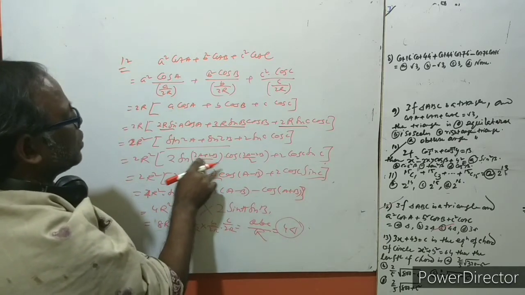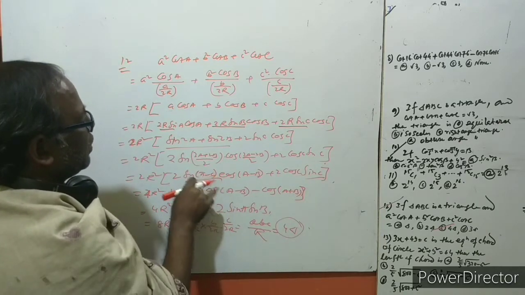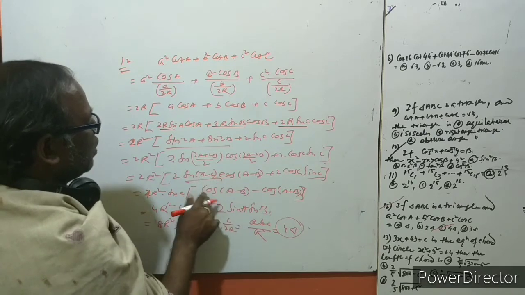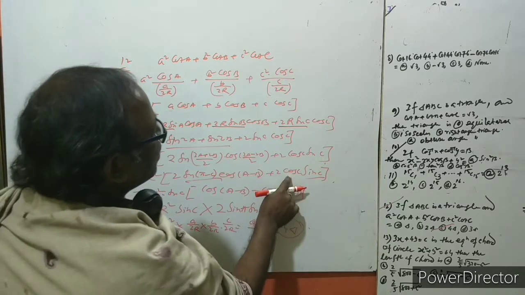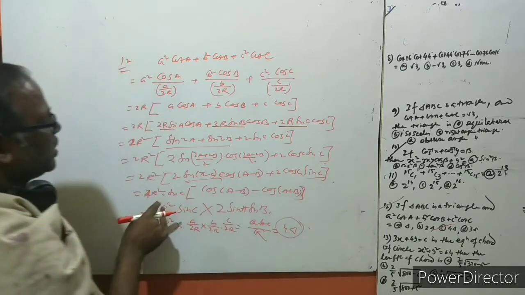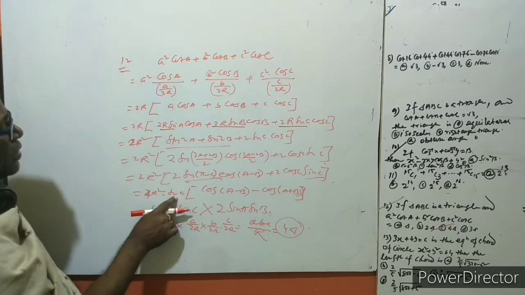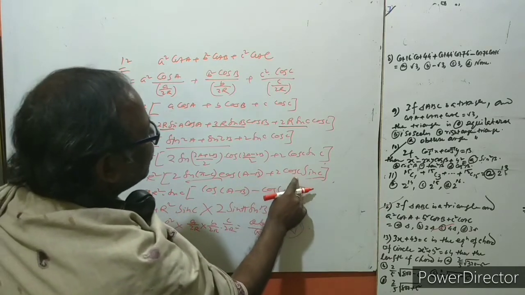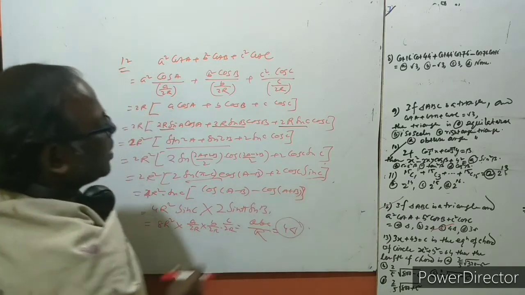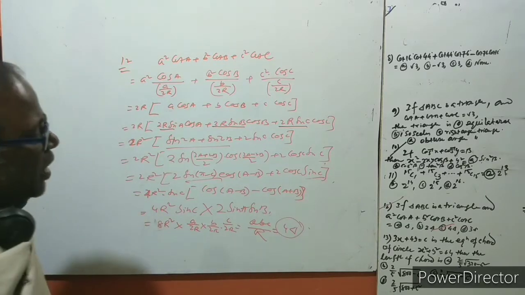So 2 is cancelled, so that is here A plus B, and you can put here pi minus C, and that is equal to sin C, and that is here cos of A minus B. And this is here 2 cos C sin C, and take out 2 sin C. So this is here 4R square sin C, cos of A minus B, and cos C, and cos C can be replaced by minus cos of (A plus B), where pi minus (A plus B).